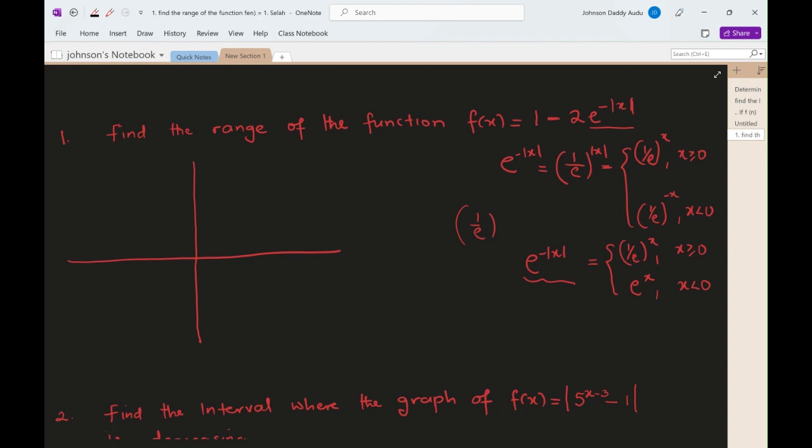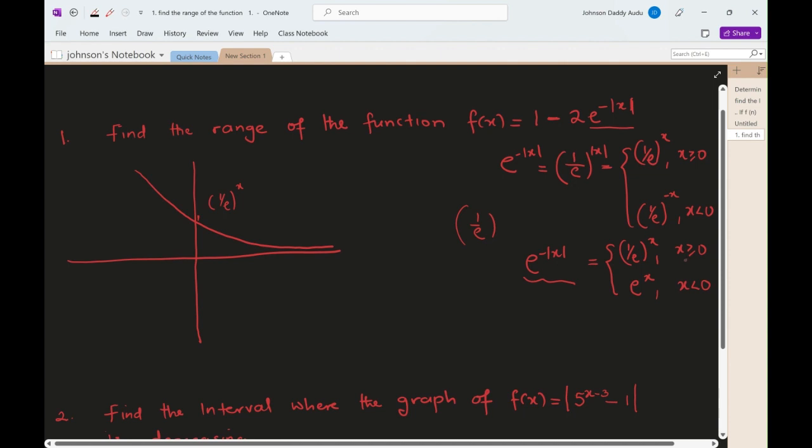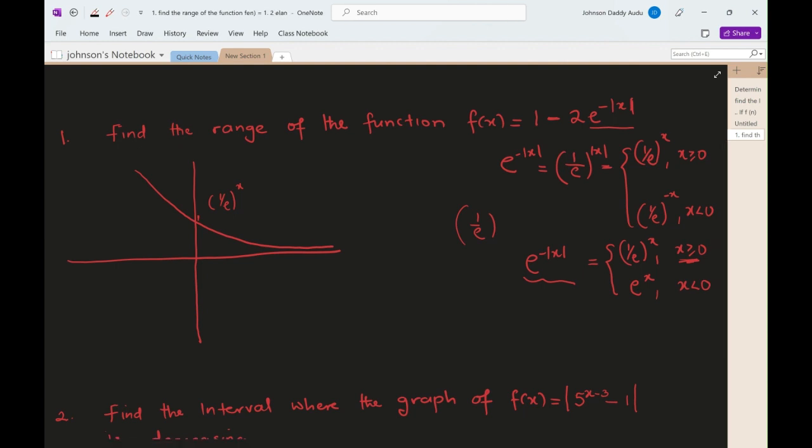So this should be a decreasing graph that cuts the y-axis at 1. But we are only interested in the positive side, when x is greater than or equal to 0. So we have to remove the negative part and maintain only this one.